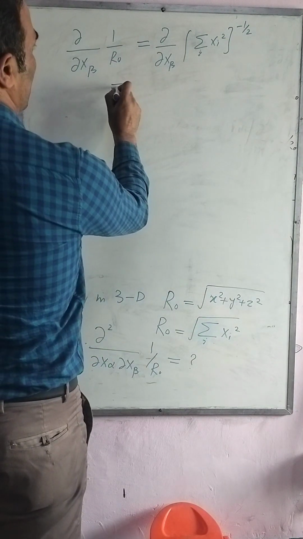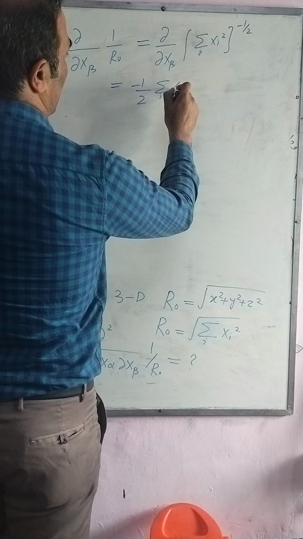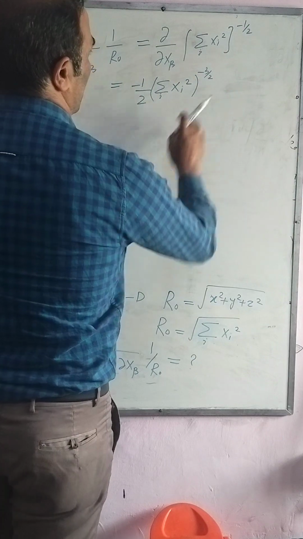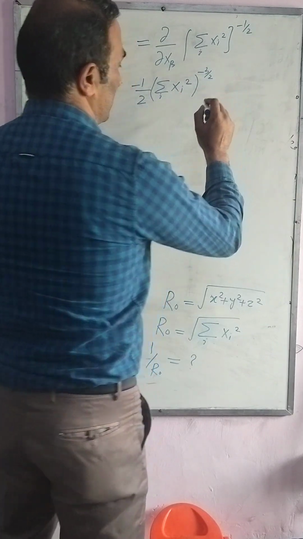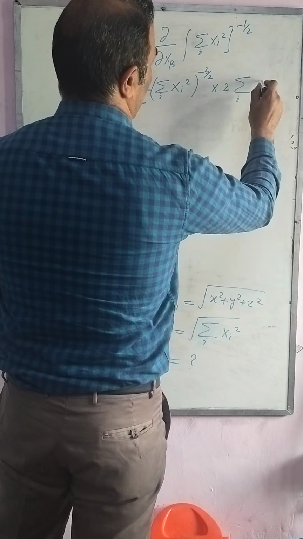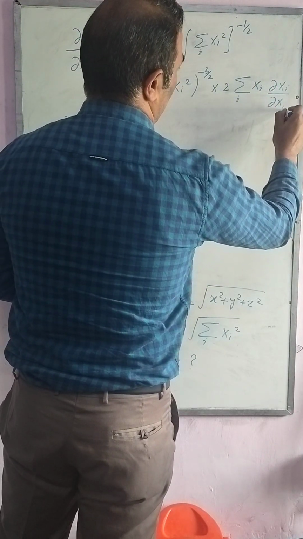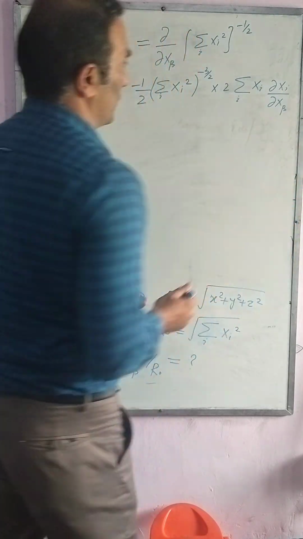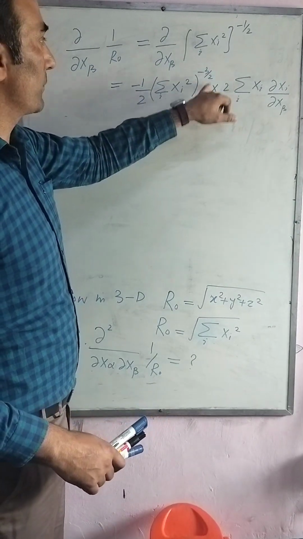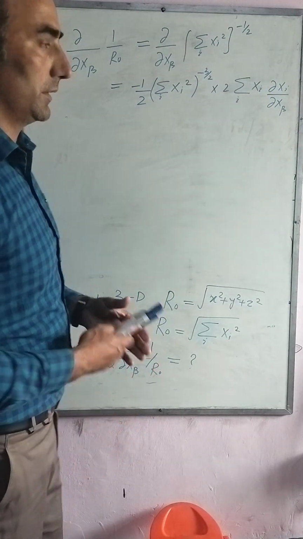So first term will be, so this will be minus 1 by 2. Now you differentiate this one. So this is clear because first differentiate this minus 1 by 2 partial x I raised to minus 3 by 2. And differentiate this term, that is twice x I, now x I with respect to this beta, okay?